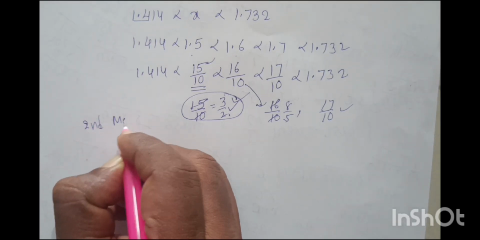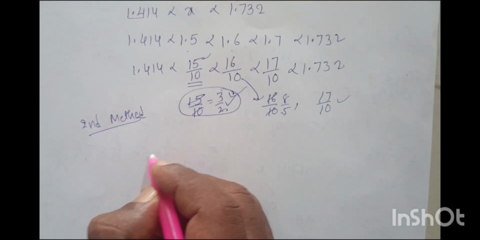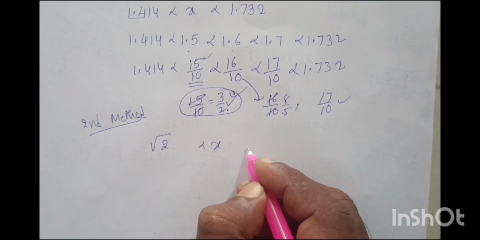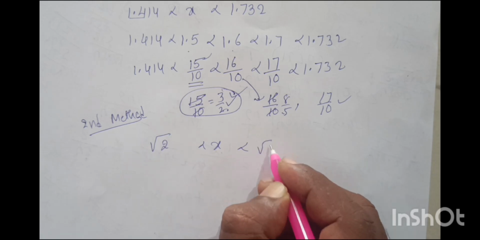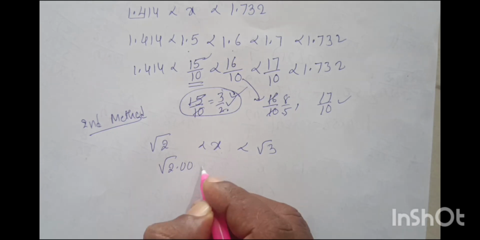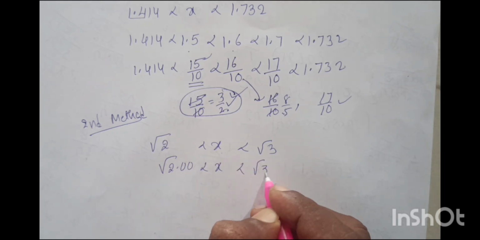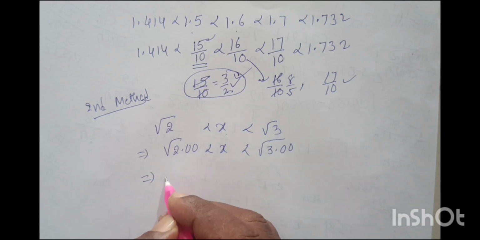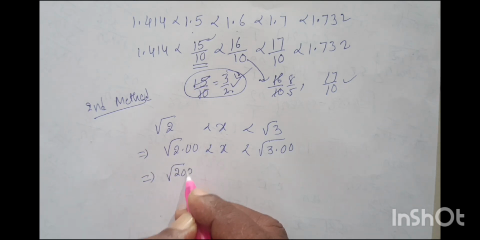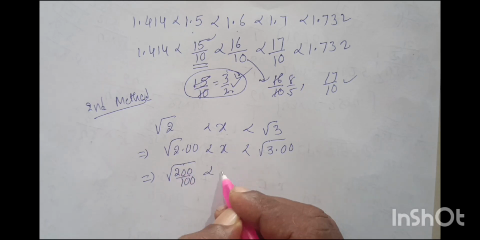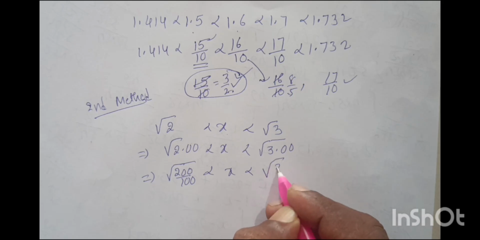So √2 and √3: the rational number x is chosen between them. √2 is less than x, less than √3. Writing these as √200/100 and √300/100, x lies between √200/100 and √300/100.